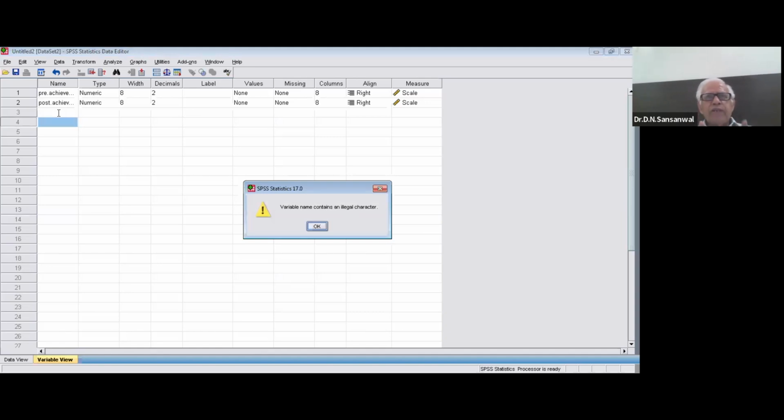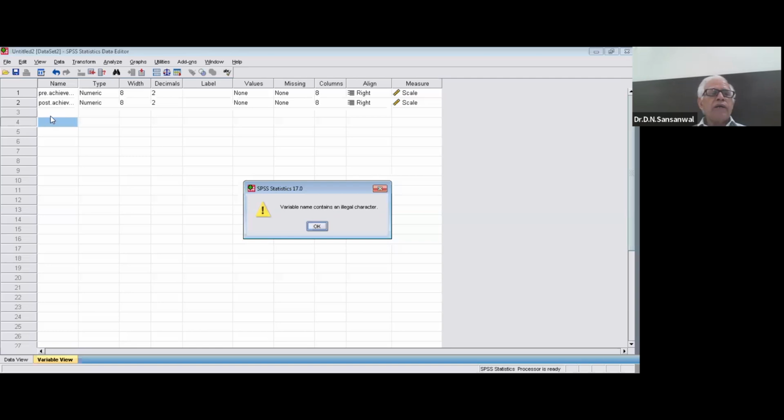So whenever you type two words, either you should type as one, pre-achievement as one, or post-achievement as one, or pre-achievement in research methodology as one word, then it is perfectly correct. Or you have to put an underscore.